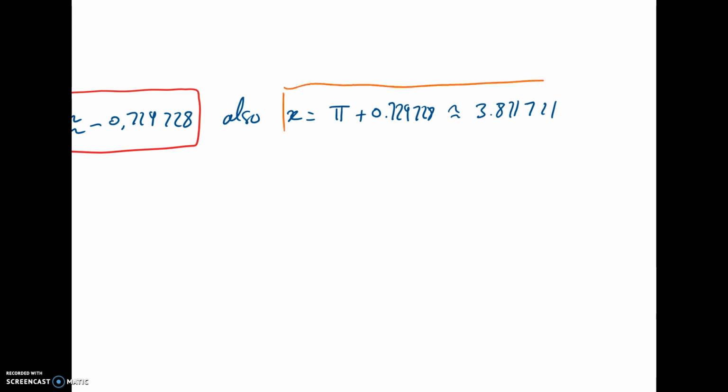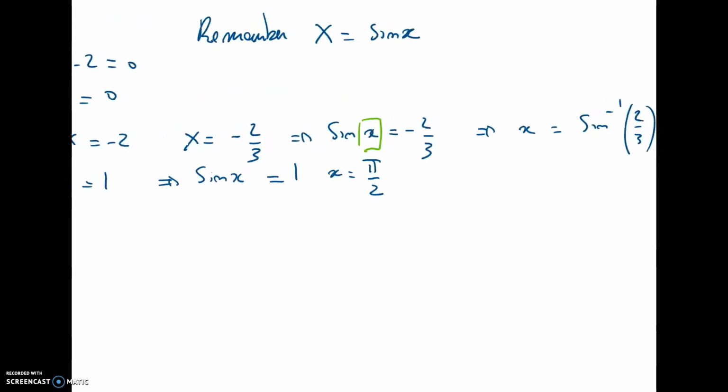So that will be the second solution. And the third solution is going to be x equals pi over 2. So we're having three solutions, okay?